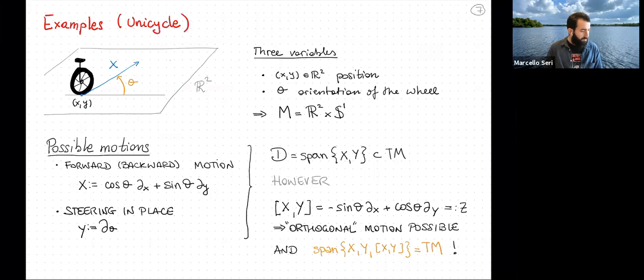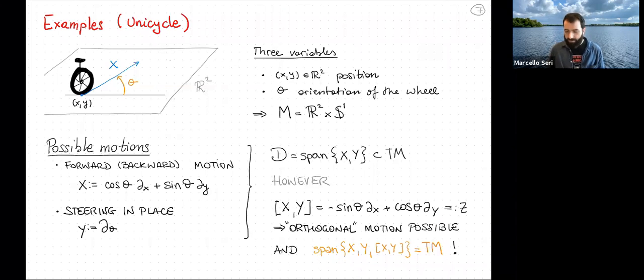There is a beautiful paper by, I think, Tabachnikov and Levy, about the bicycle track problem and how it's used to solve some conjecture. The geometry involved is the same. This is also a case of contact geometry, by the way. And so, again, this is an example of a step 2 sub-Riemannian manifold.